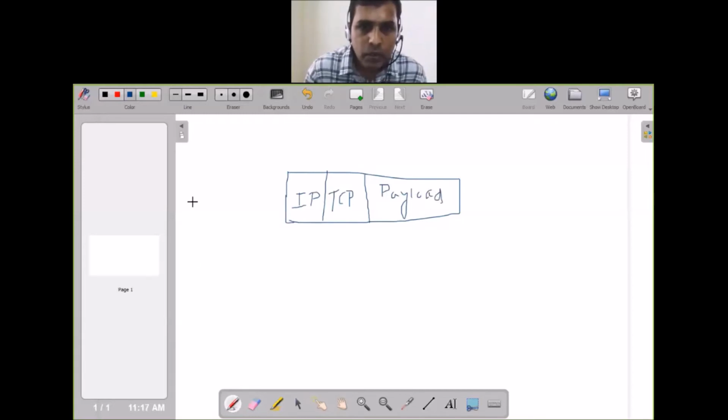So what is this transport mode? I will write it shortly as transport mode. In transport mode, protection is done only for this TCP header and payload.